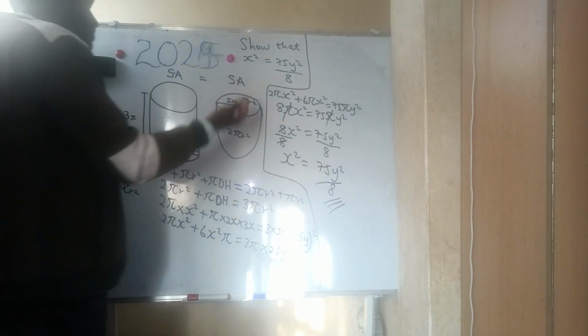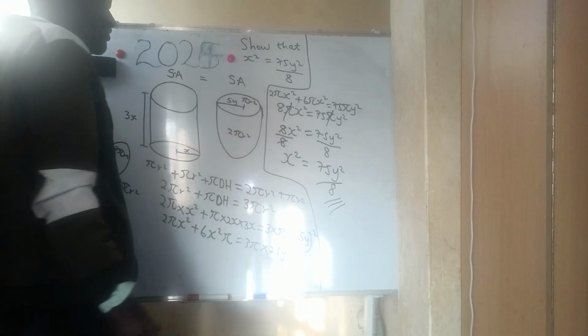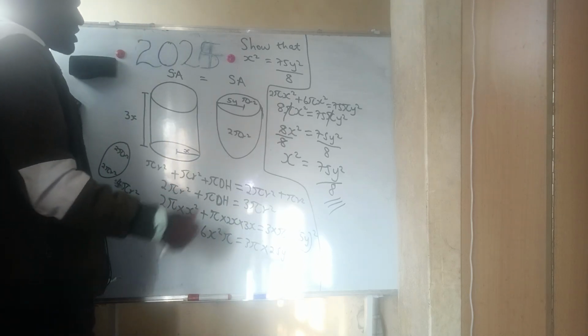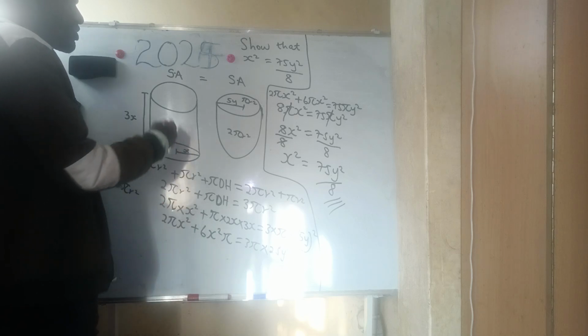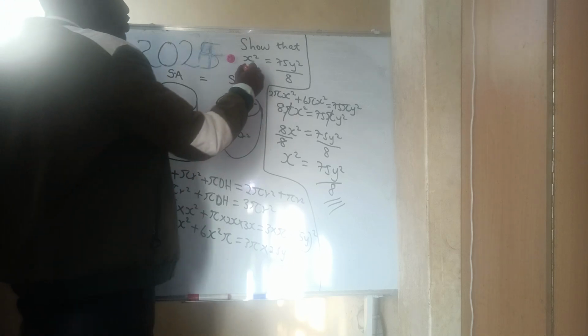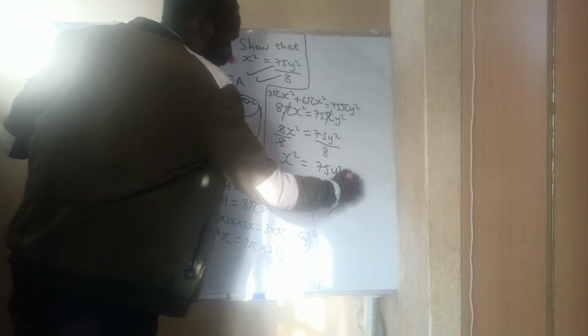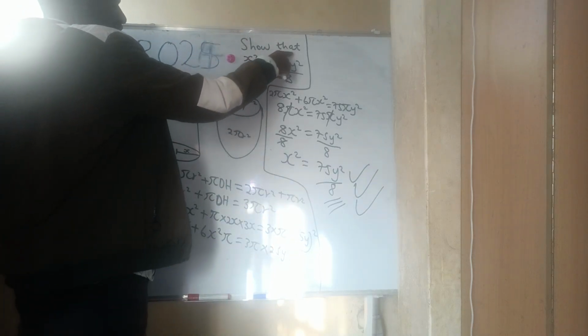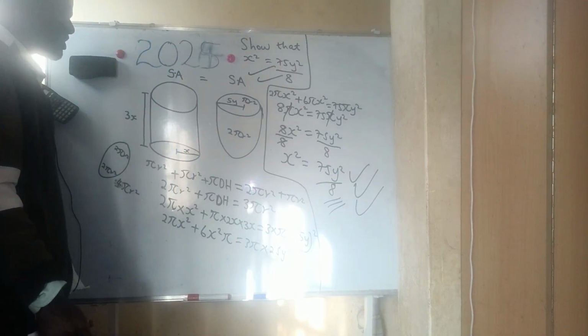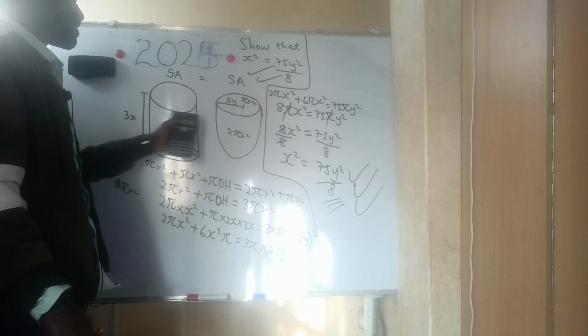If the units were in centimeters, we could say 75 y squared over 8 centimeters squared, and x centimeters squared, depending on the units given in the question. We were told to show that. You've confirmed that you can show that x squared is equal to 75 y squared over 8 if the surface areas of those two are the same.